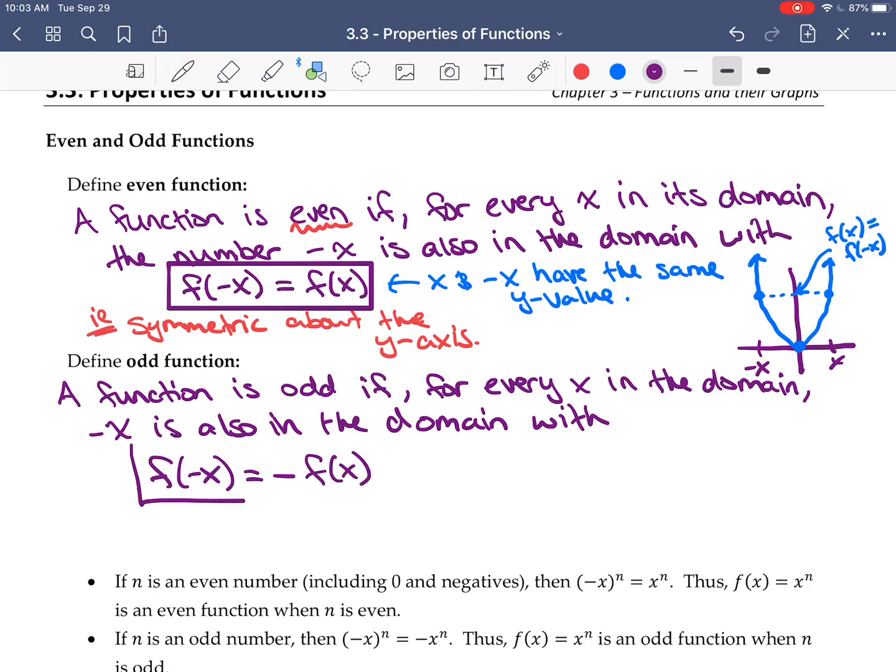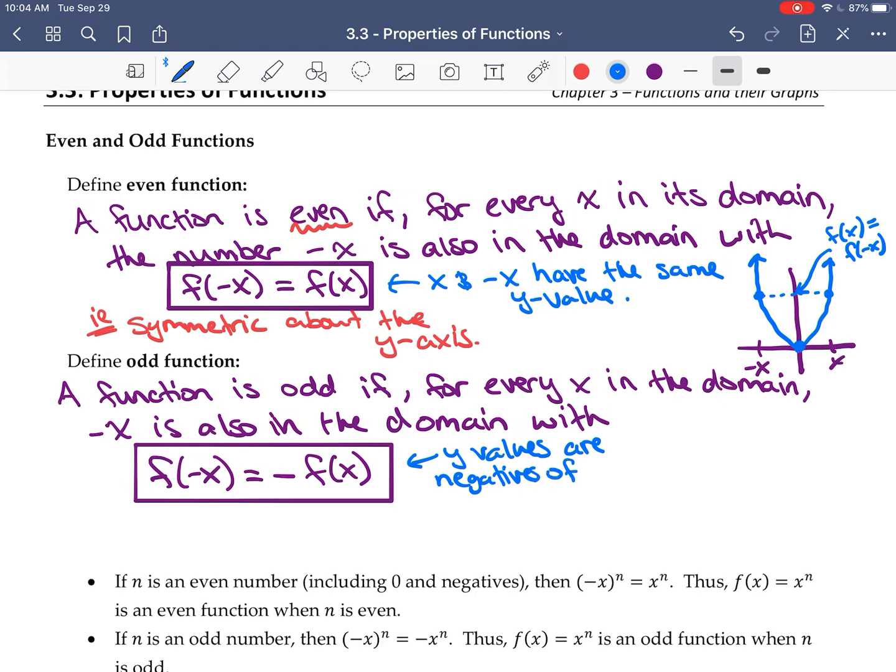So this means that the y value of negative x is negative the y value of x. The y values are negatives of each other. Now the odd function is the origin symmetry. So these ones are going to be symmetric about the origin.